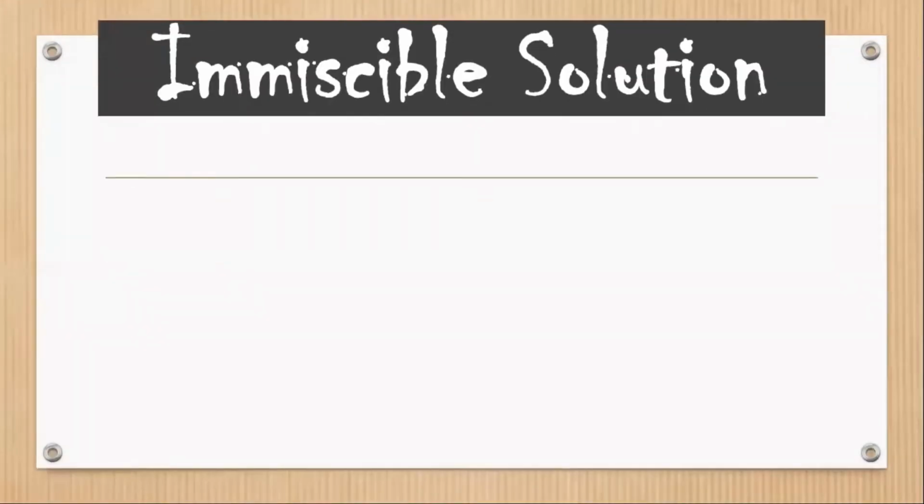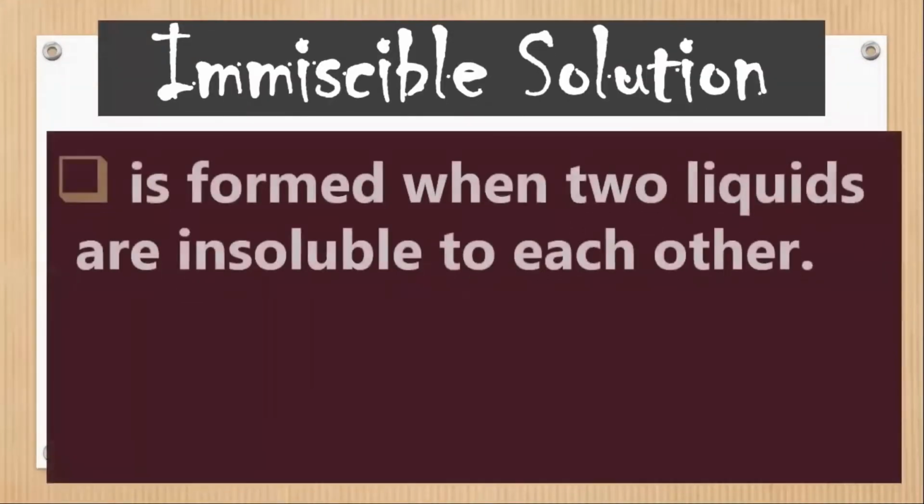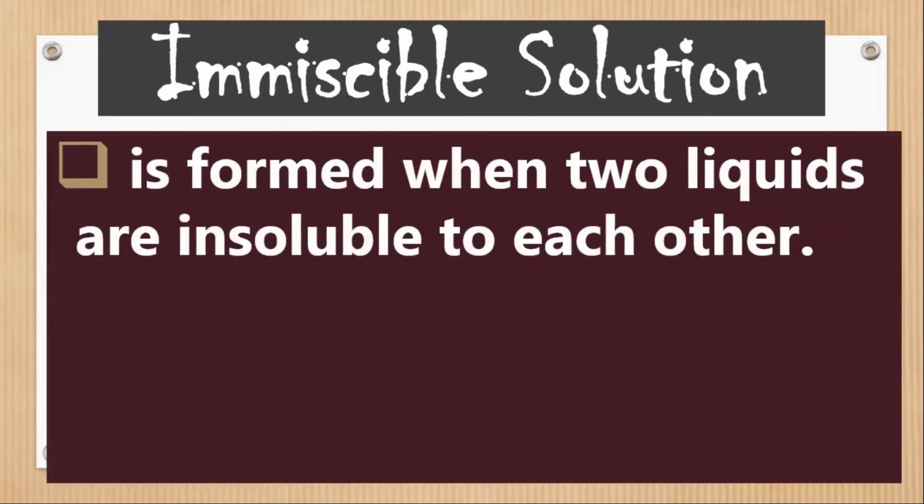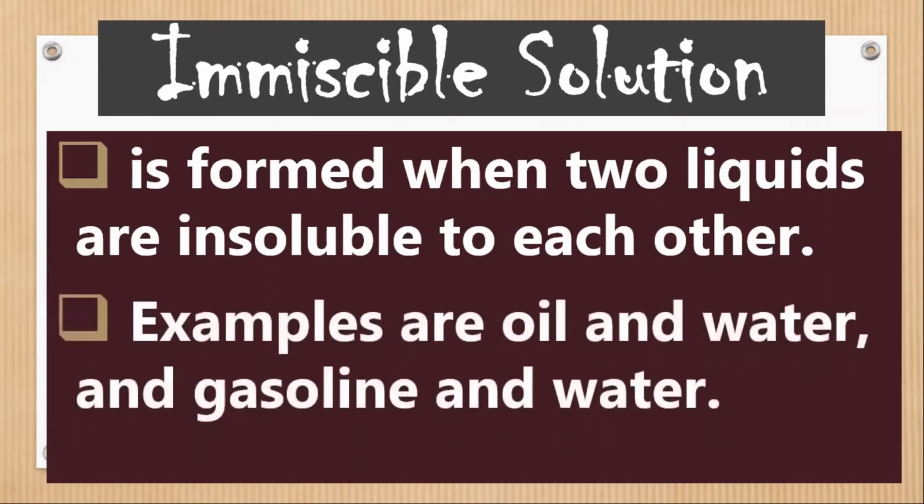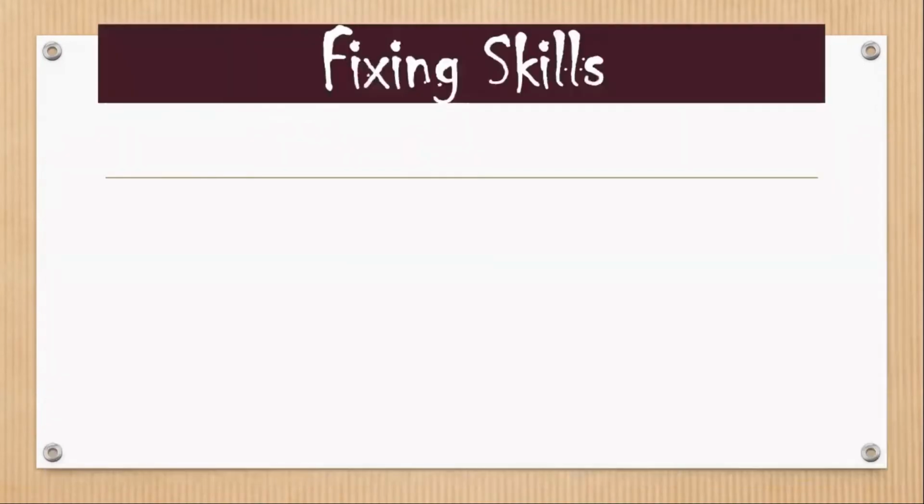What about immiscible solution? It is formed when two liquids are insoluble to each other. They do not dissolve each other. Examples are oil placed in water or gasoline placed in water. They are immiscible solutions.